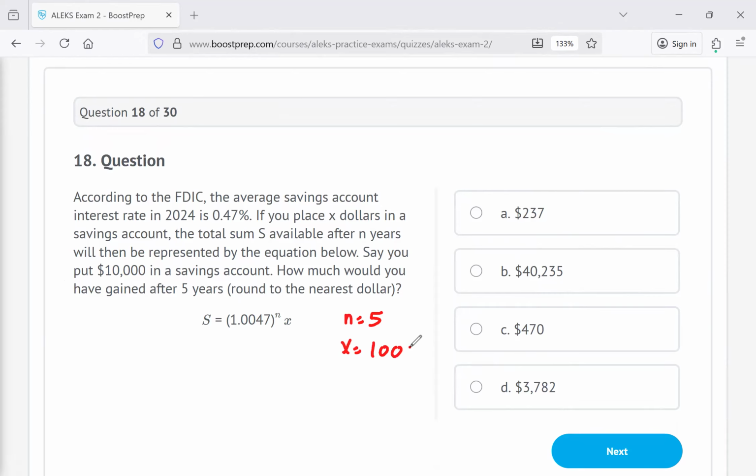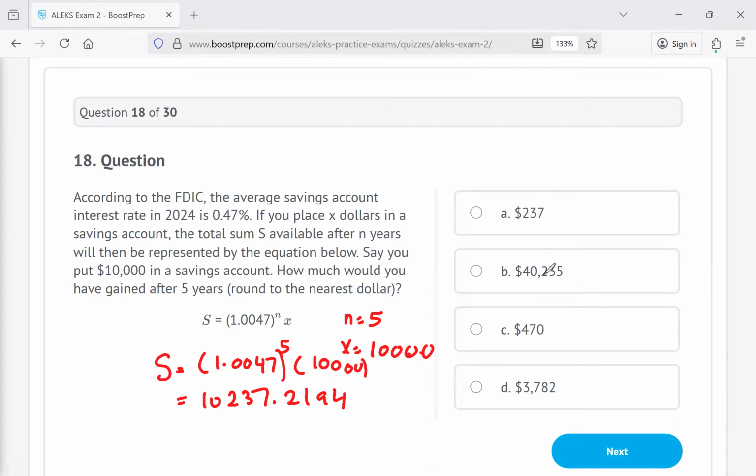So s equals 1.0047 to the power of 5, times 10,000. When you put that in the calculator, you get 10,237.2194.